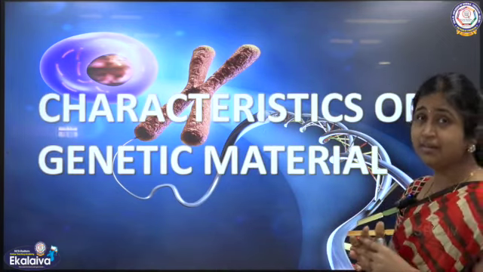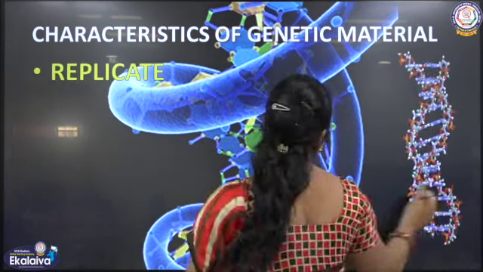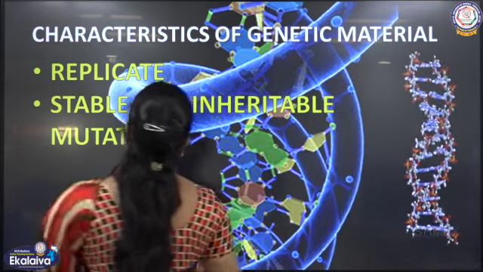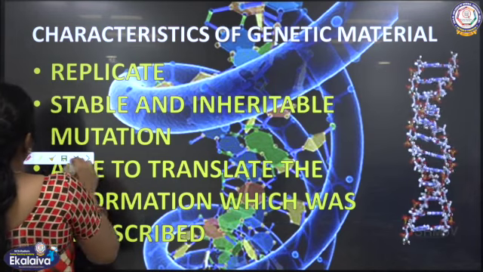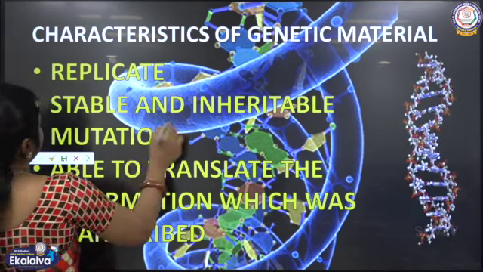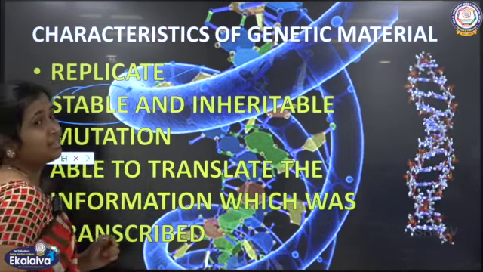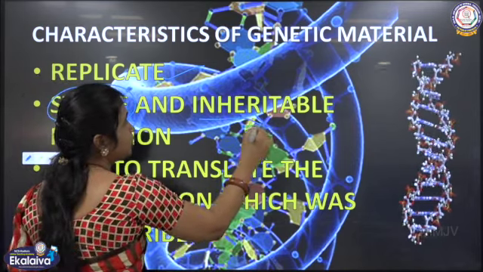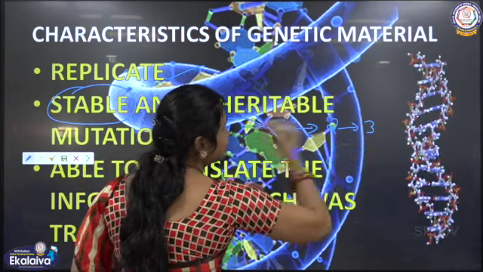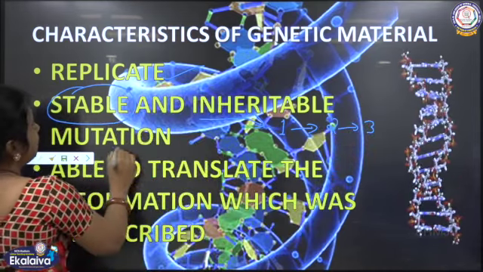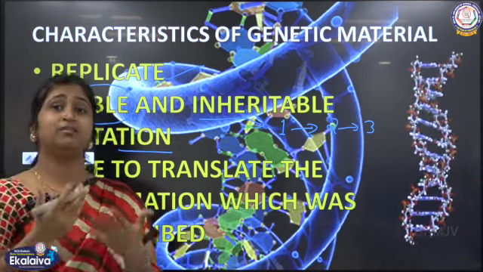Characteristics of genetic material: first, it should replicate, and it should be stable and inheritable. What is inheritable? It should transmit the character from one generation to the next generation, and it just goes on. Then it should have the mutation property. Mutation actually can be lethal, but it also has advantages.